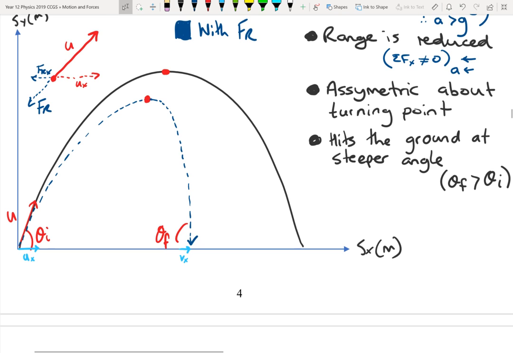Now, you can't really see this last dot point on the diagram, but your time up is going to be less than your time down. So without air resistance, everything's equal and symmetric, time up equals time down. Here, your uptime is less than your downtime.